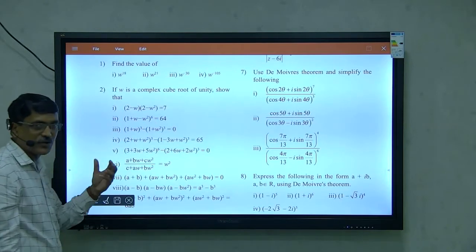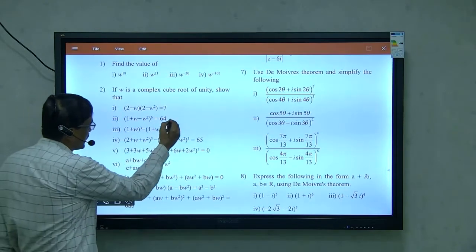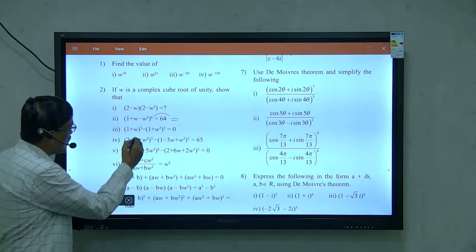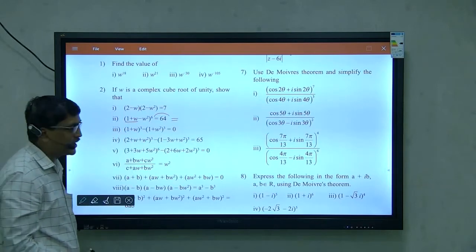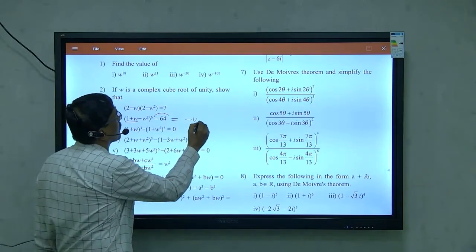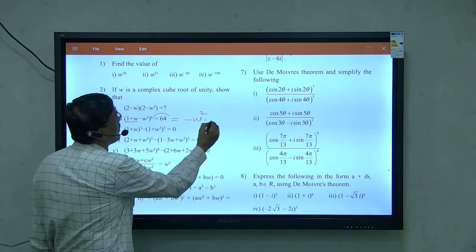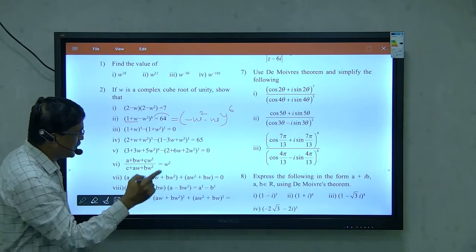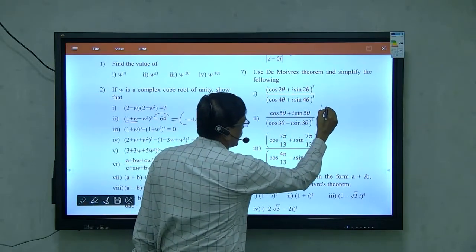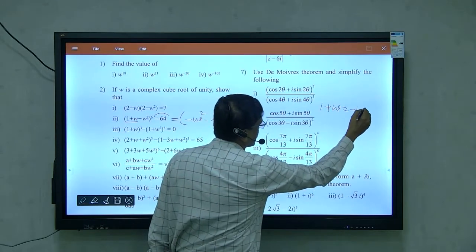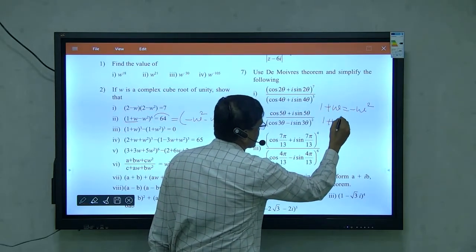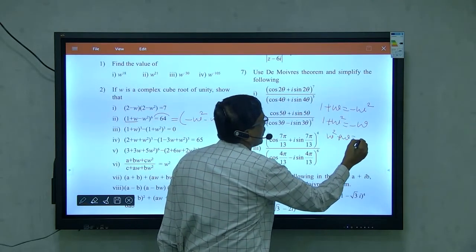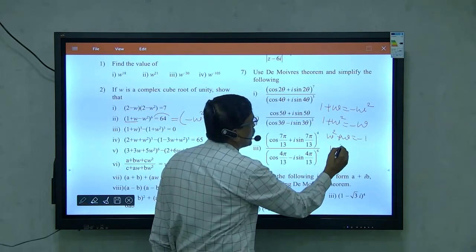Let us show its value is 64. How to show? Take LHS. We know that 1 plus omega square is equal to minus omega, and so on. We revised: 1 plus omega is equal to minus omega square, 1 plus omega square is equal to minus omega, omega square plus omega is equal to minus 1, and omega cube is equal to 1.